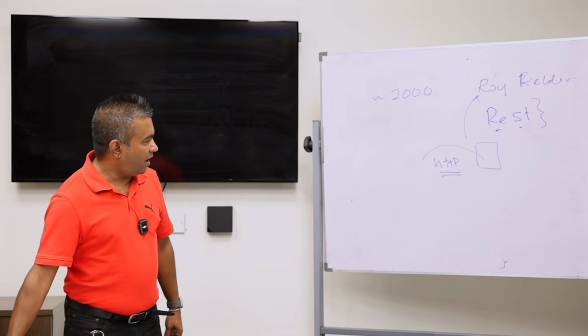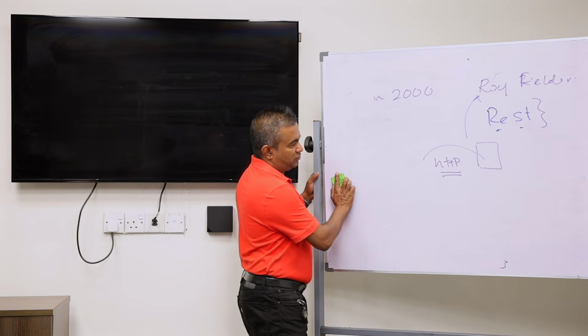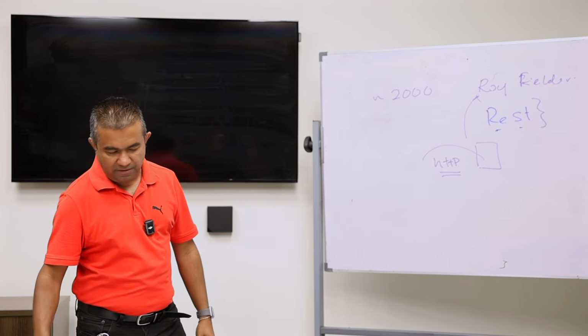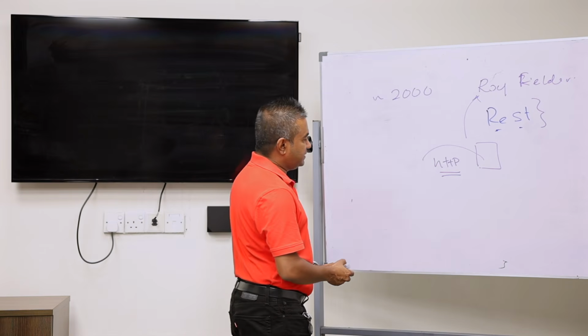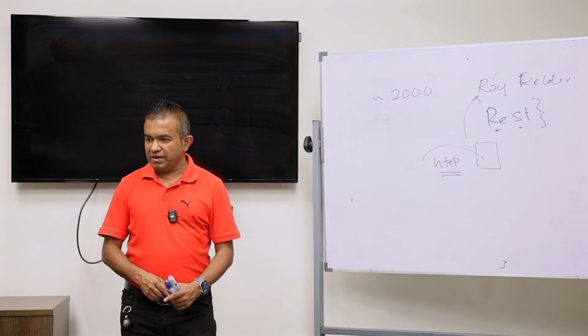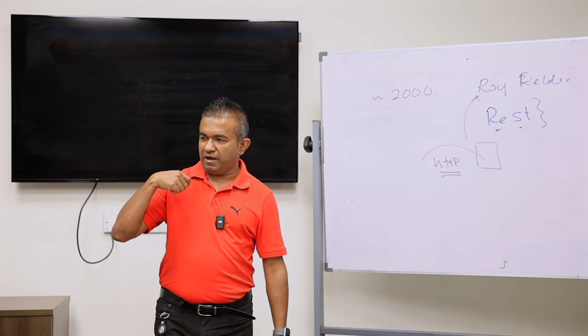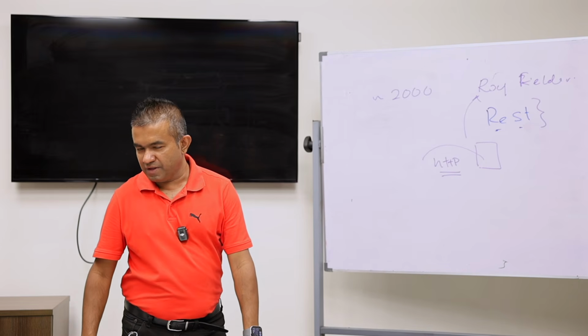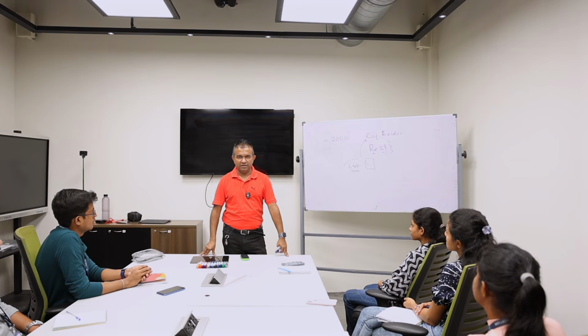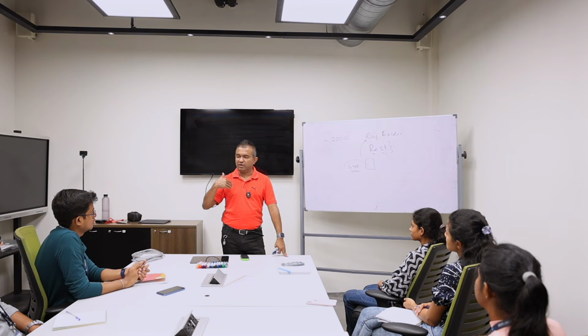How HTTP works, we are going to deep dive into later on. HTTP works in a client-server model. So now, let's say I call you. I am the caller, you are the receiver, because I called you. Now you call me.